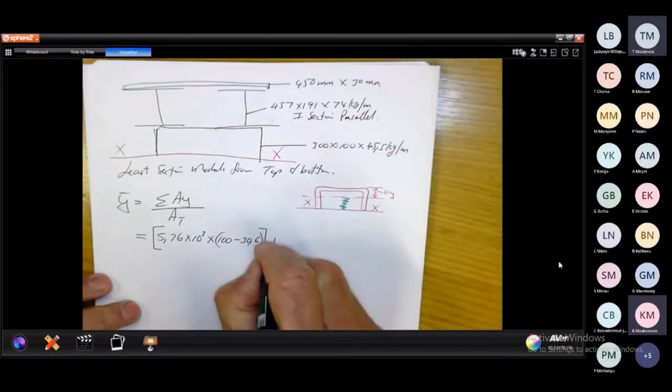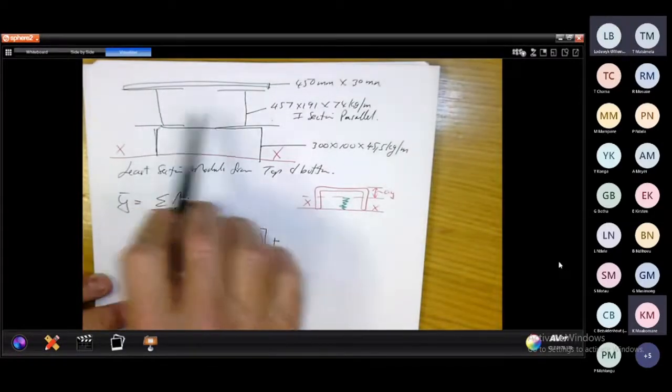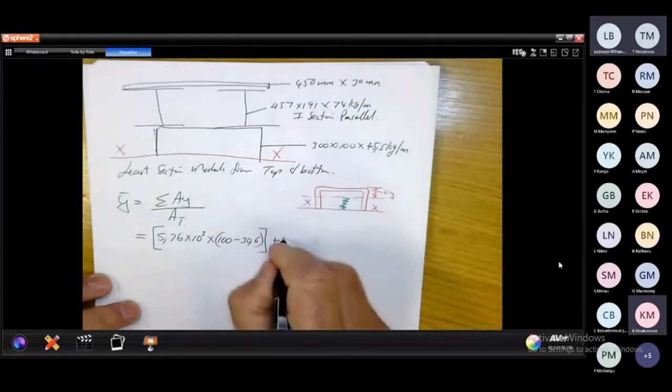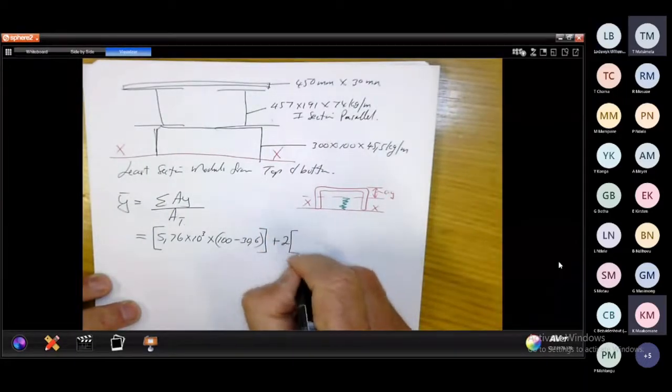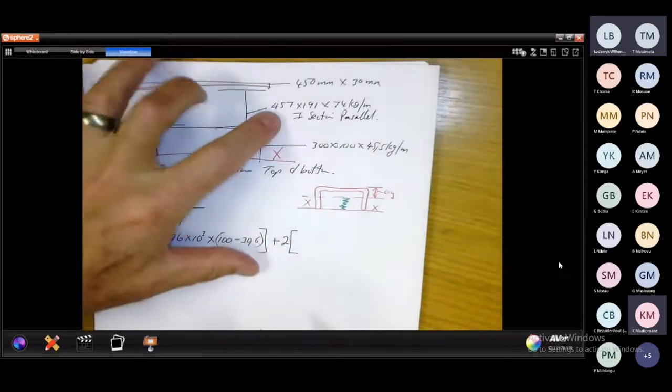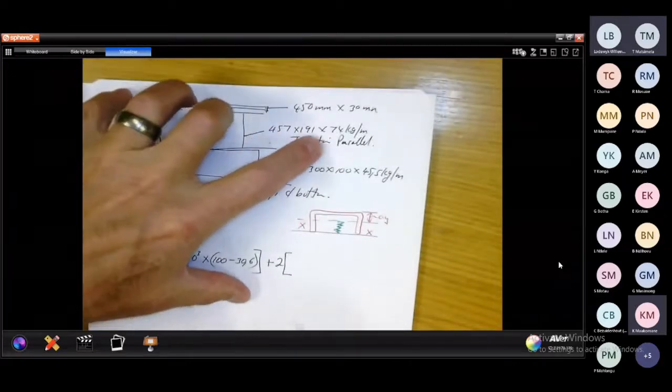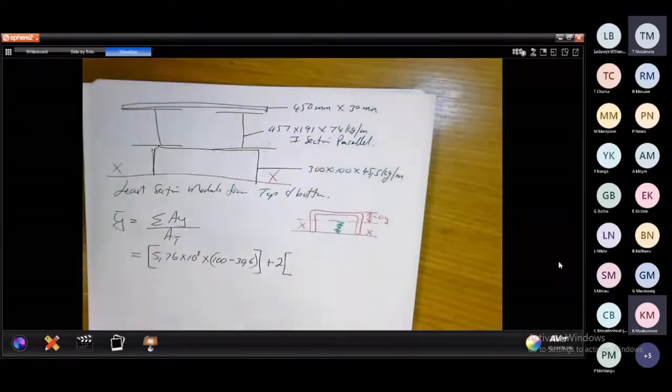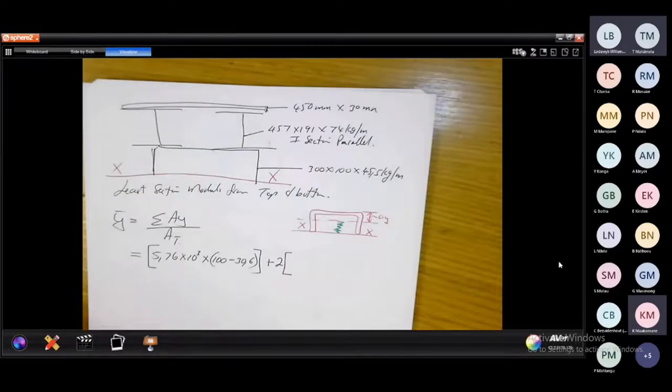Plus, when we're going to the I sections, there's 2 I sections. You say 457 by 191 by 74, I section parallel.